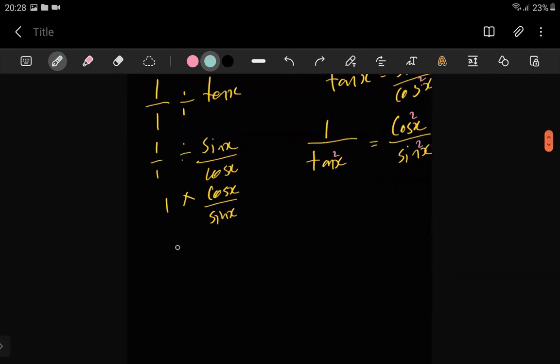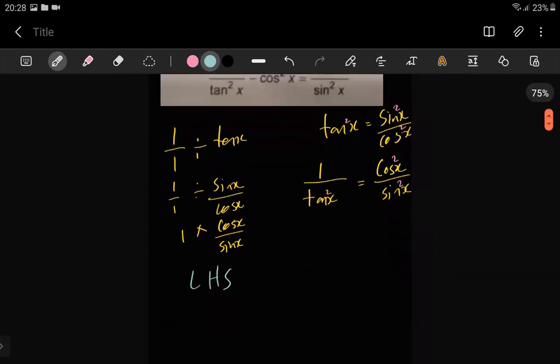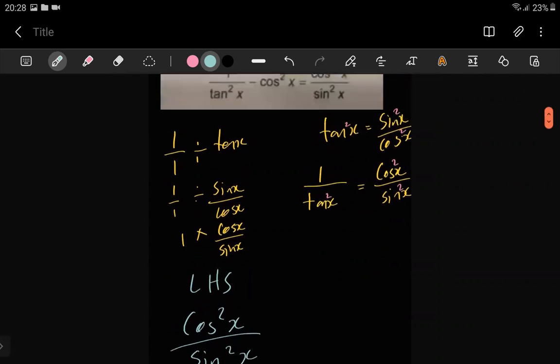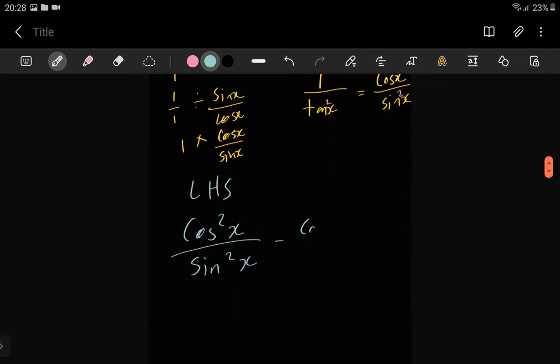Let's state we're working on the left-hand side. On the left-hand side, we're going to change this to cos squared x over sine squared x minus cos squared x. You may want to put this over 1 because this is a fraction.